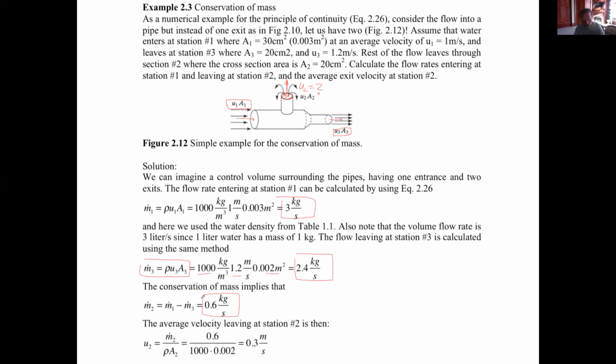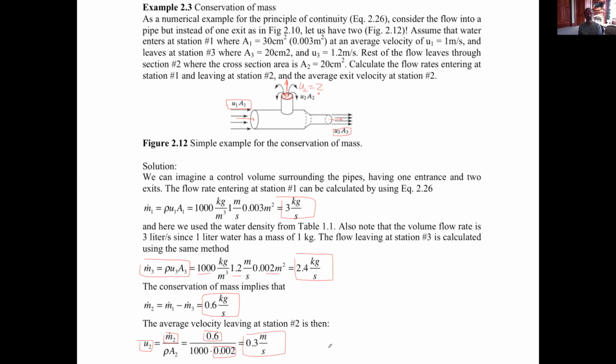So now how much is the velocity going out? Okay, we have mass flow rate equal to rho UA. We just resolve that for the velocity. So the mass flow rate divided by density and then by the exit area, and the outside velocity is equal to 0.3 meters per second.